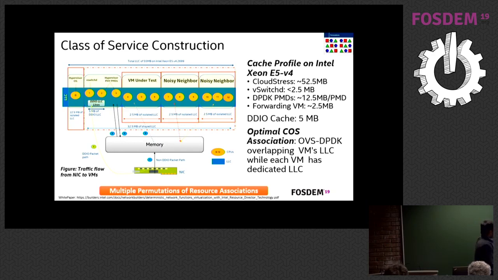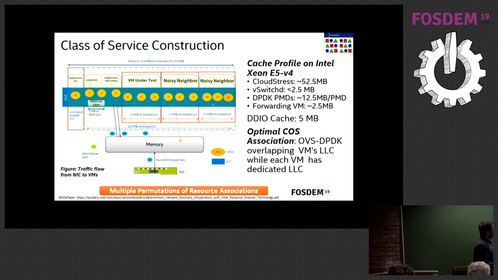This platform has been supporting Data Direct IO for a long time now. In this case, the packets are copied directly from the NIC onto the last level cache. Cache Allocation Technology provides you a way to divide and associate a section of cache to your VMs, your containers, or your applications.